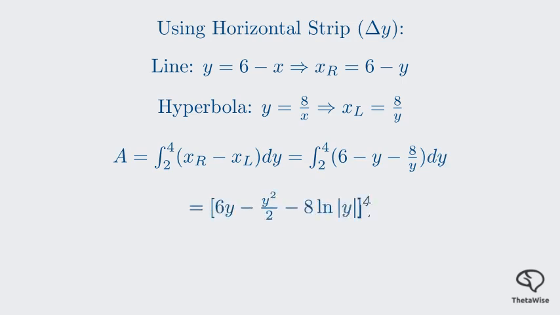As expected, the antiderivative is the same, and when we evaluate it from 2 to 4, we get the identical result: 6 minus 8 log 2, which is approximately 0.455. This confirms our answer and shows that with some functions, both methods can be equally straightforward. This is a great way to check your work in an exam.